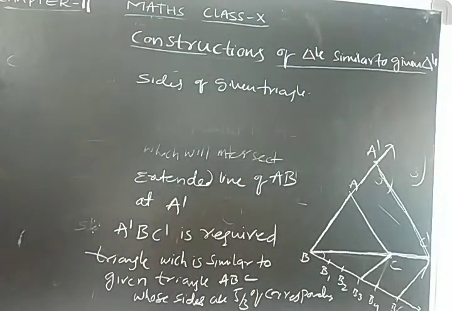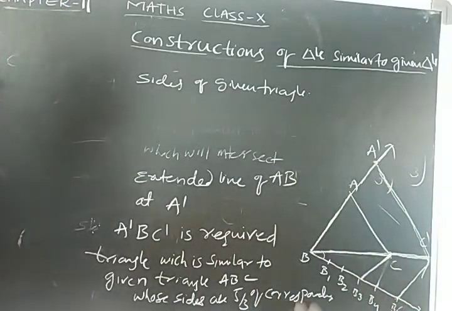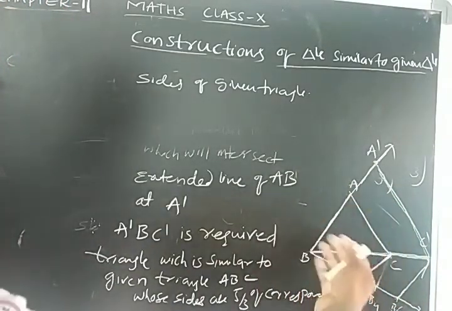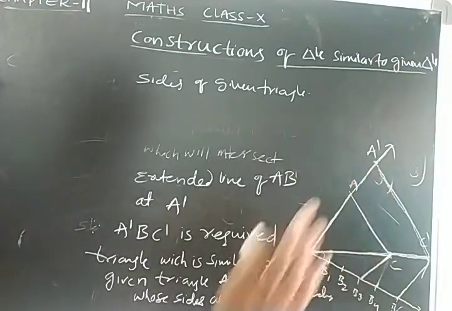Okay, so this is the way how to construct the similar triangle which has a scalar factor that is an improper fraction and is similar to the given triangle.